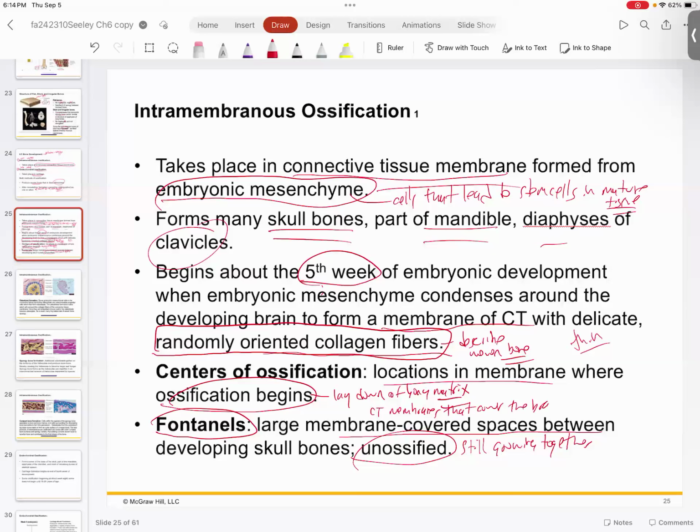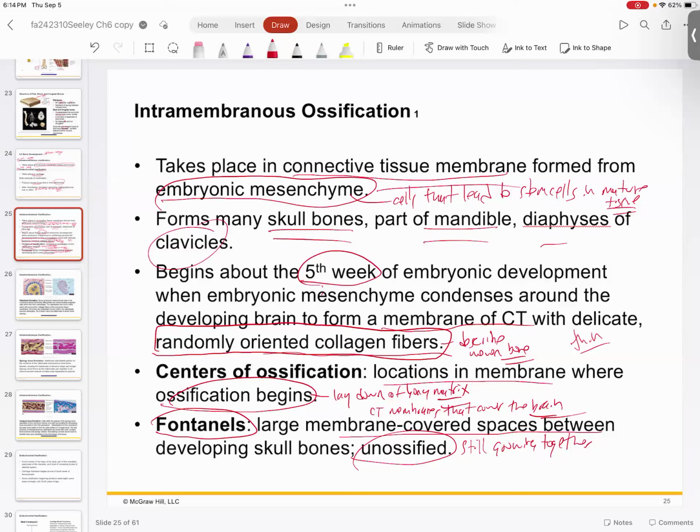That cover the brain. Now, why do we have soft spots? Why don't our skull bones completely fuse before we're born? Trust me, you wouldn't want to have a baby if your baby had fully formed skull bones and sutured skull bones, because there would be absolutely no flexibility in that big old head coming out of the birth canal, right?